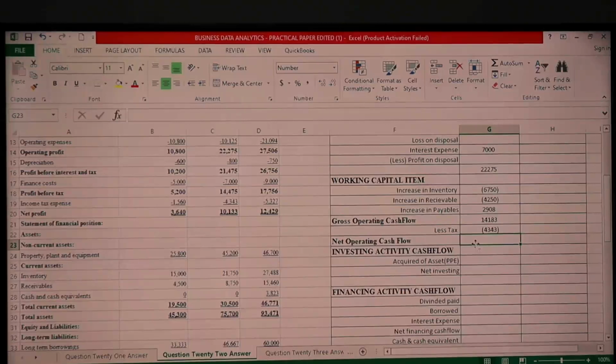That is very easy. You just pick the gross operating cash flow, then you less the tax. How much will you get? Just type the figure there. Once you calculate that, what will you get?